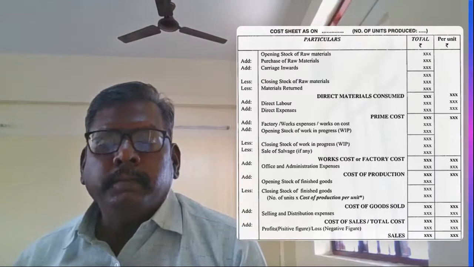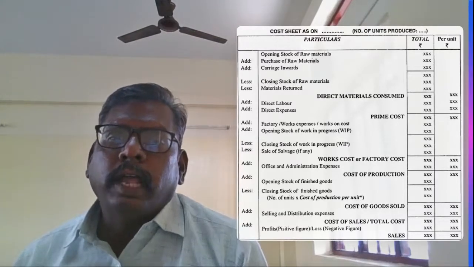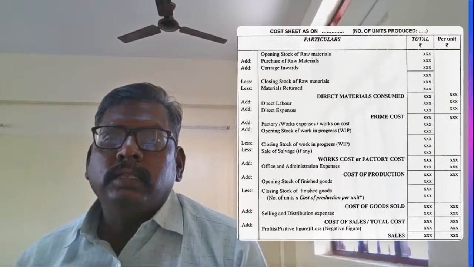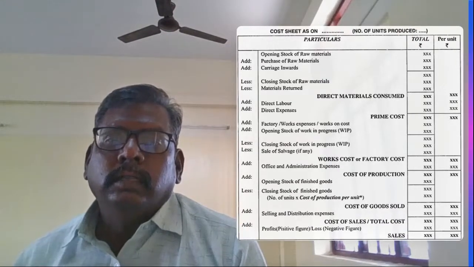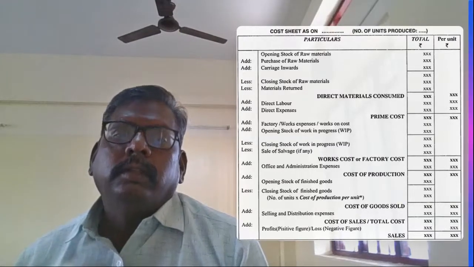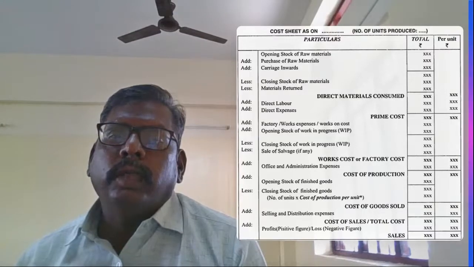Then to the cost of production, we have to add the opening stock of finished goods. Then we have to deduct the closing stock of finished goods. Then we get the cost of goods sold. Then to the cost of goods sold, we have to add the selling and distribution expenses.